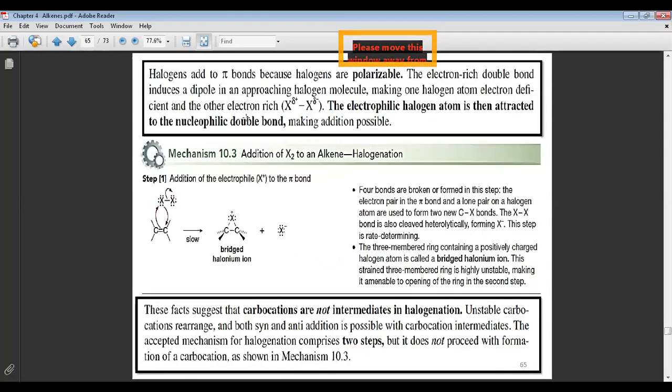Now he said here the halogen adds to the pi bond because halogens are polarizable. Okay, he said halogens are polarizable. What does it mean that halogens are polarizable?